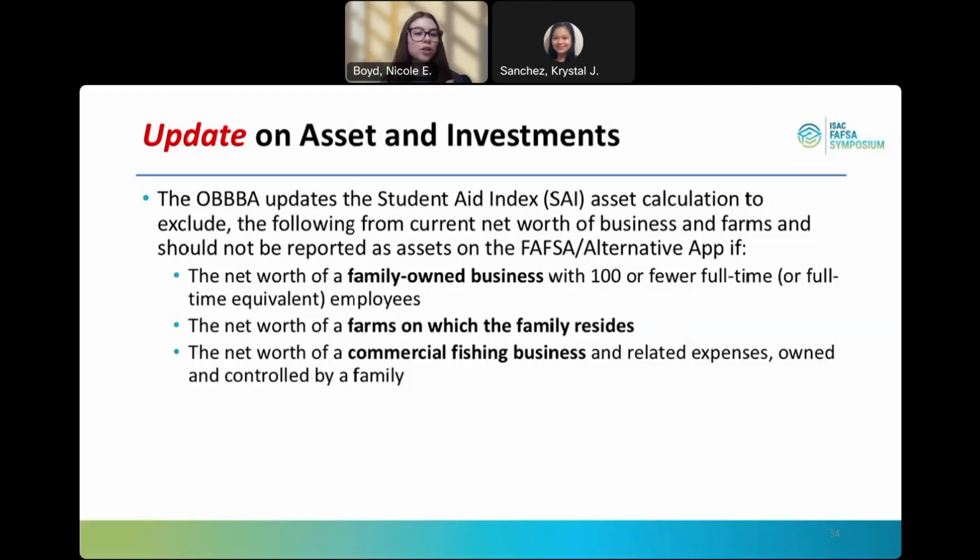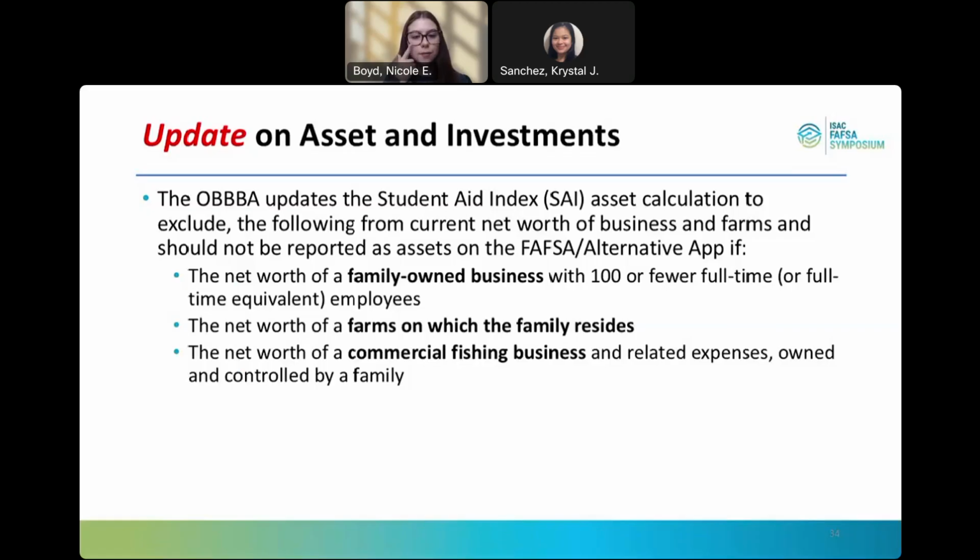And then I also want to provide this update on assets and investments. So the One Big Beautiful Bill Act updates the Student Aid Index asset calculation to exclude the current net worth of businesses and farms. So they should not be reported as assets on the FAFSA or the alternative application.